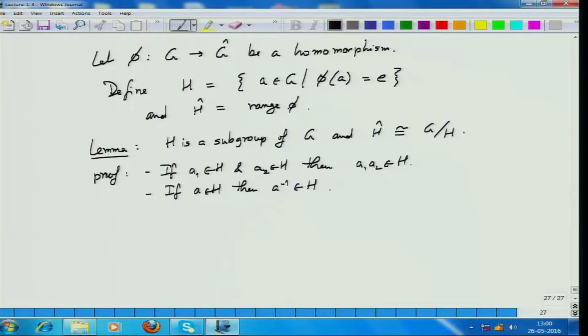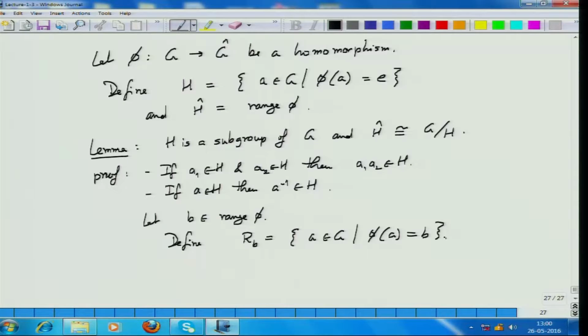Now, let us look at the range of phi. Let B be in the range of phi. Define the set RB to be all elements A in G such that phi of A is B. So, collect all elements A in G that are mapped to this element B of G hat.